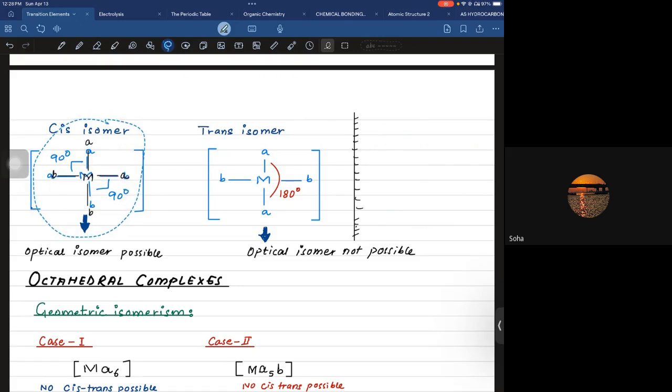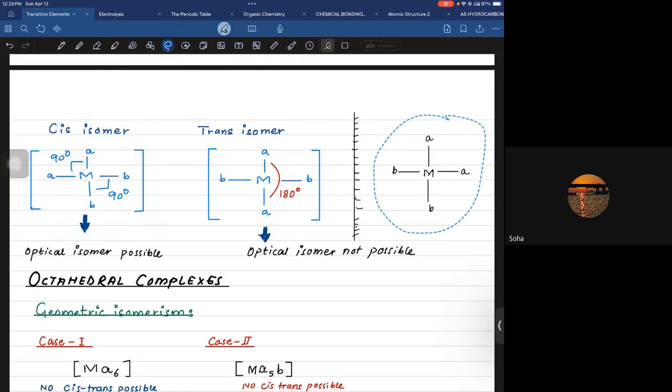Oh, it's not going to superimpose. So this is known as the optical isomer of this compound. Simple. Are you getting my point? So you have to see what the mirror image would be, and is the mirror image superimposable on the other isomer? If yes, then an optical isomer is not possible. And if not, then an optical isomer is possible.